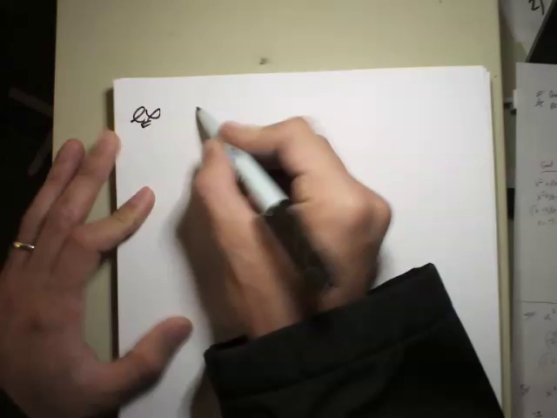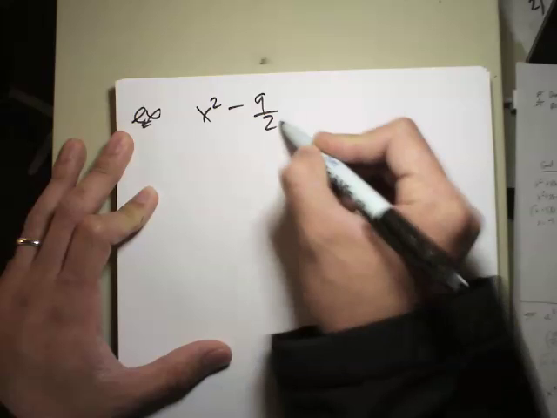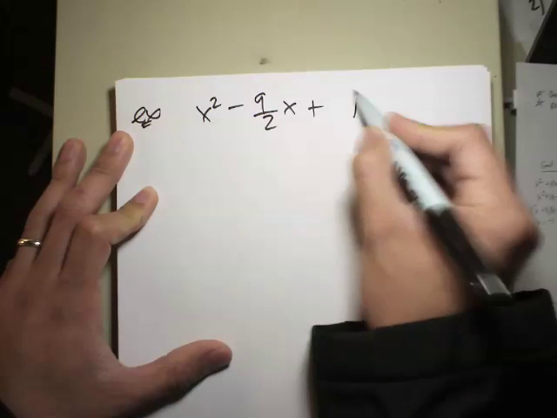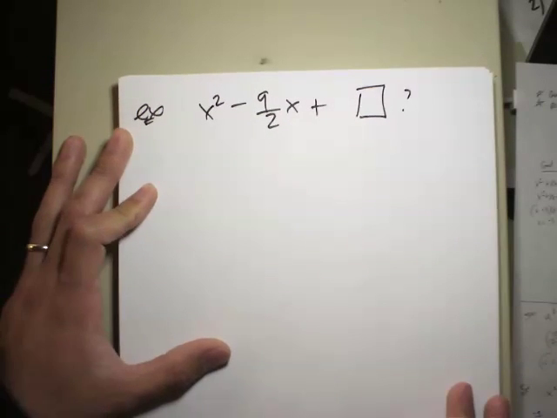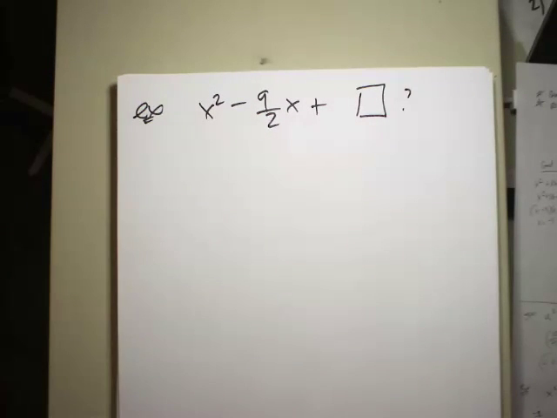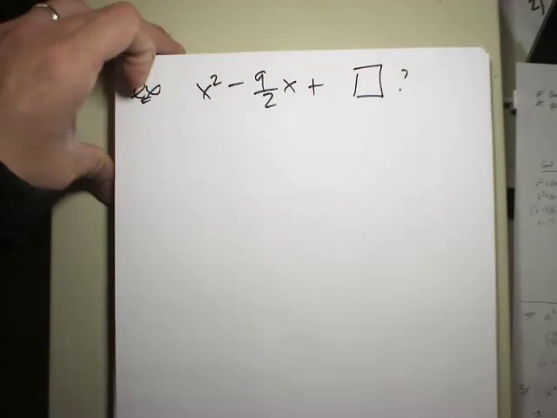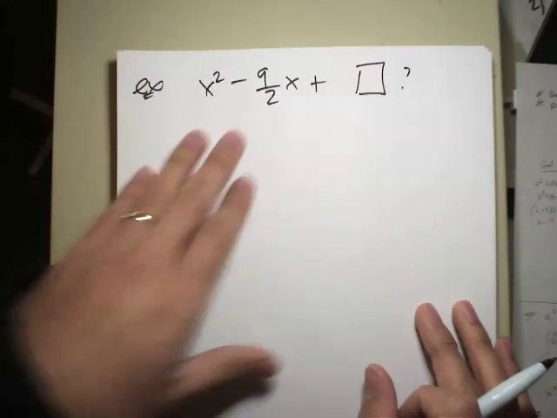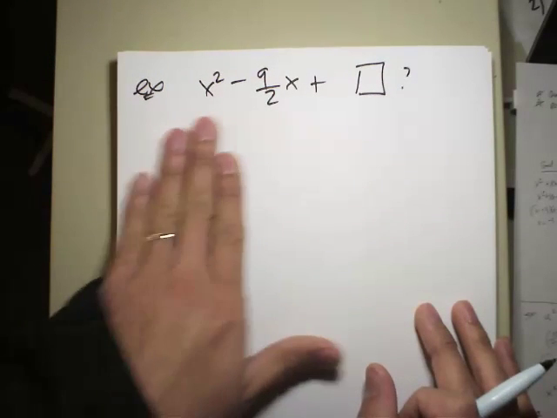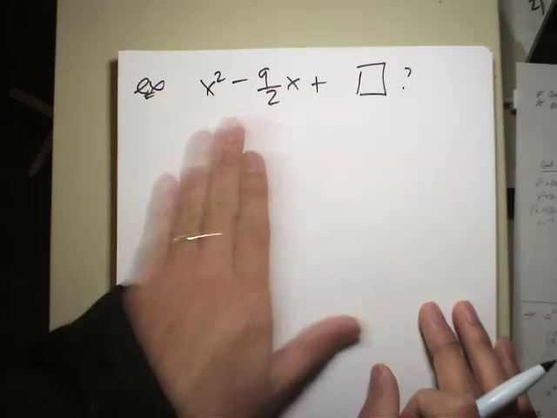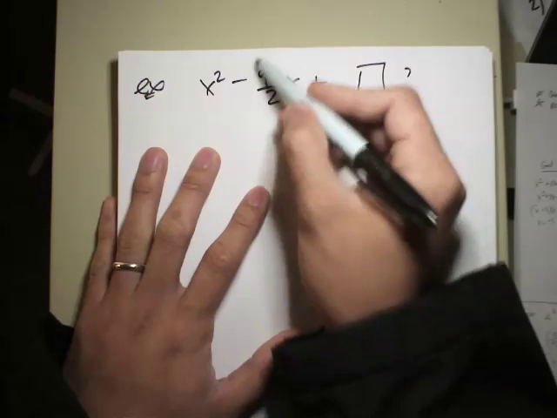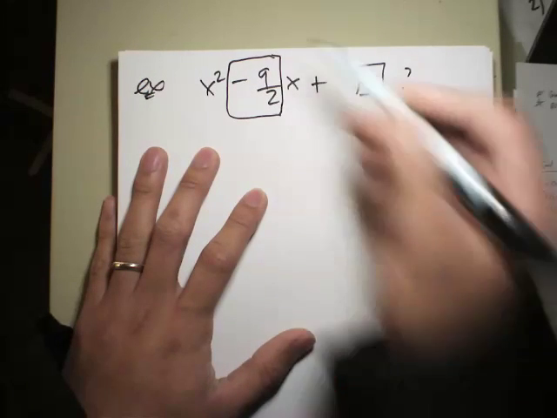We have x squared minus 9/2 x plus blank. Now this one is a bit more complicated because you have a fraction, but that doesn't change anything. All you have to do is look for, is it arranged in order from highest to lowest? It is indeed. So all you have to do is pull out your coefficient from the middle.